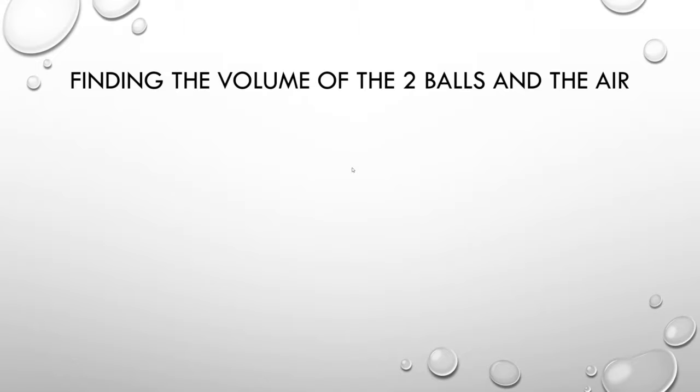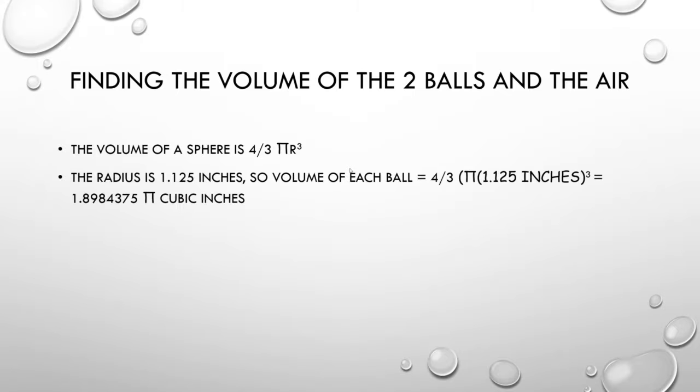Next, we'll find the volume of the 2 balls, and then we'll subtract that from the volume of the cylinder to find the volume of the air. The volume of a sphere is 4/3 pi r cubed, and the radius we know is 1.125 inches. So the volume of each ball is 4/3 times pi times 1.125 inches cubed.